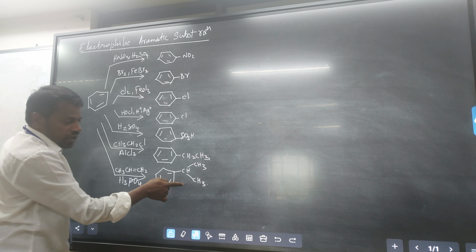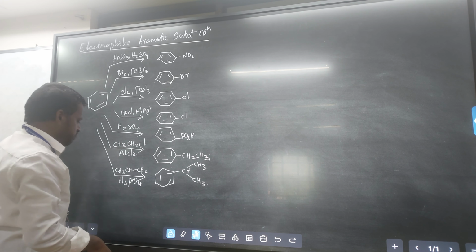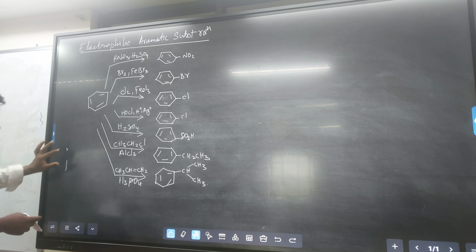The first position methyl group, so 1-methylethyl benzene.